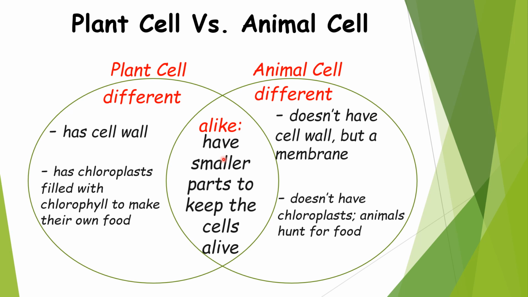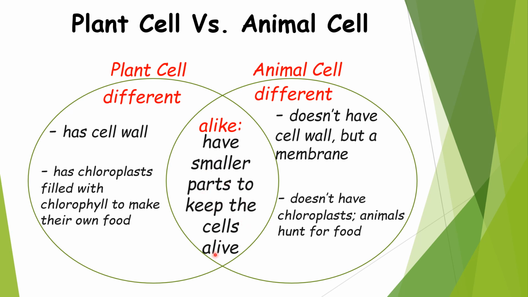They have smaller parts to keep the cells alive. So cells have smaller parts inside them, even smaller than their size. Can you imagine that? So how are plant cells and animal cells alike? They both have smaller parts to keep the cells alive.